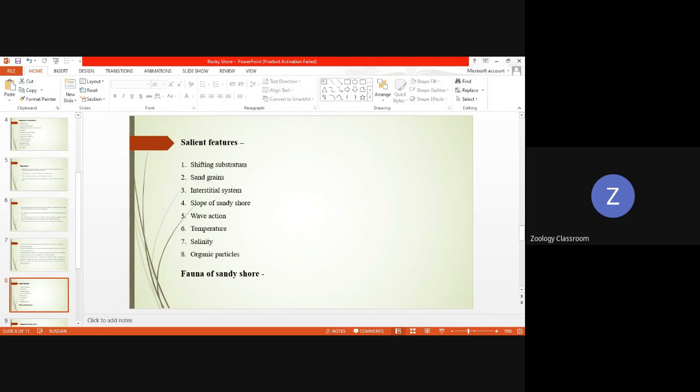But during severe winter season, temperature of sand is very low, which results in mortality of burrowing animals like cardium and arenicola.